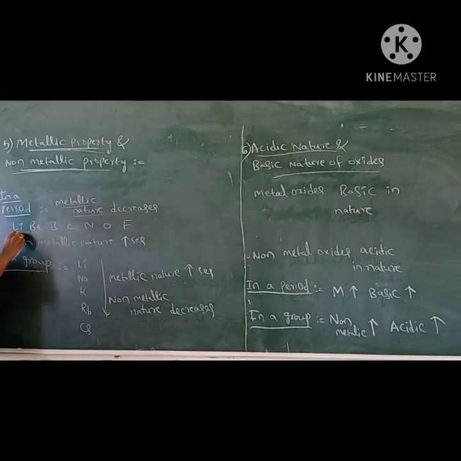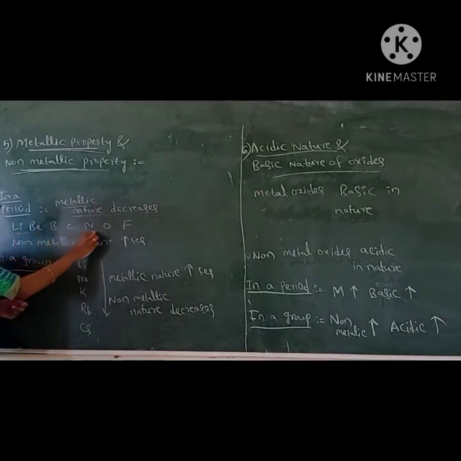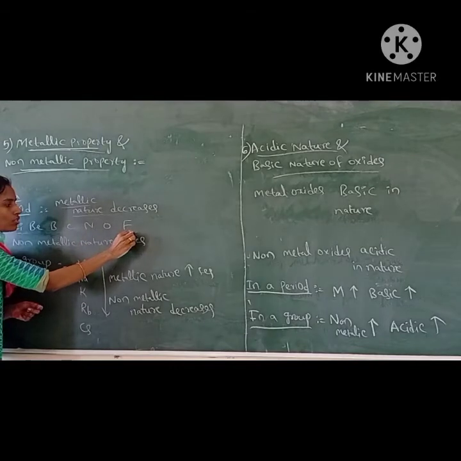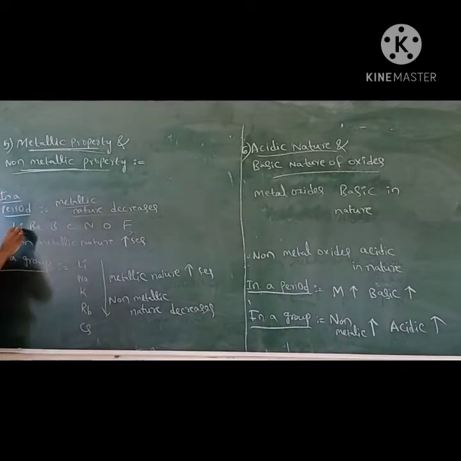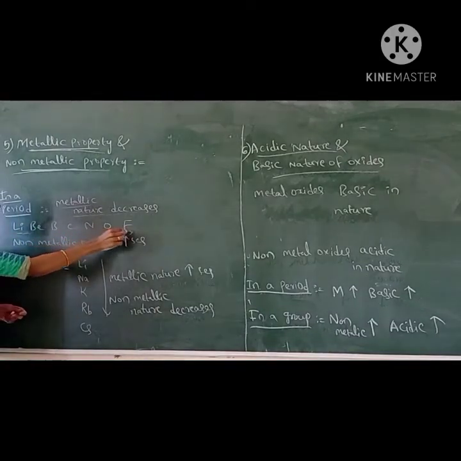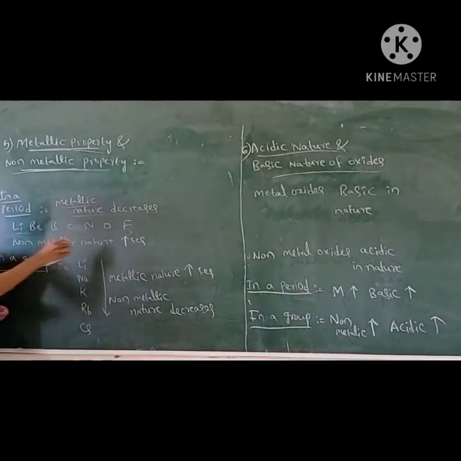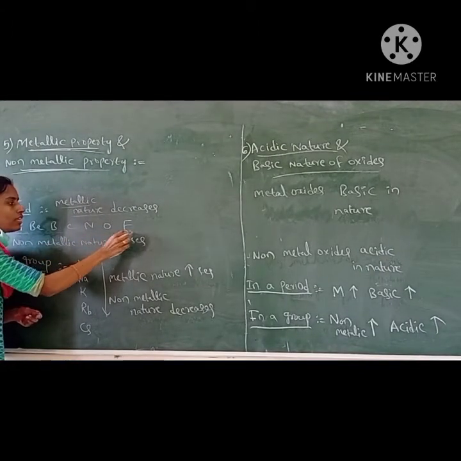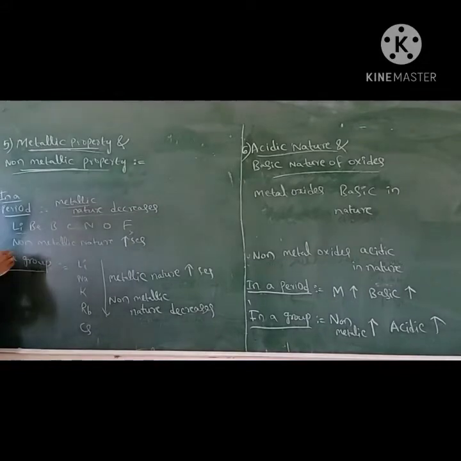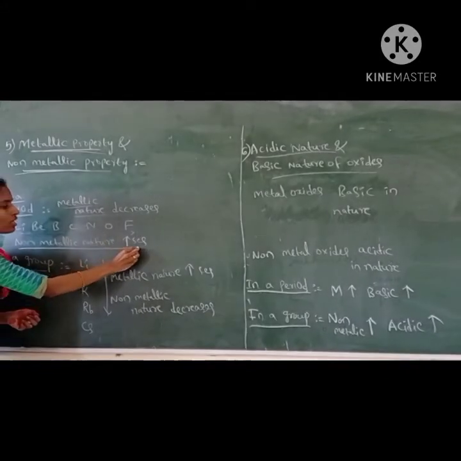If you observe these elements, lithium, beryllium, boron, carbon, nitrogen, oxygen and fluorine, the first A group and second A group elements readily lose electrons, and these other elements don't have this property. So metallic nature decreases, and non-metallic nature increases.